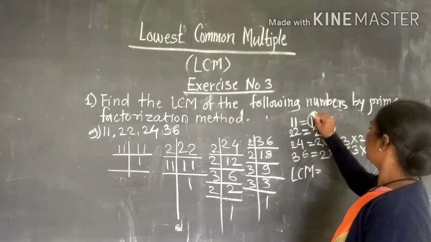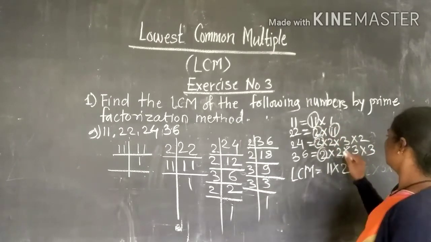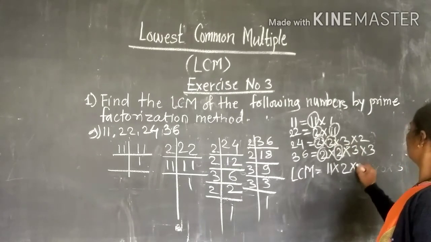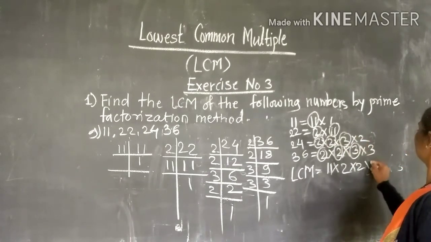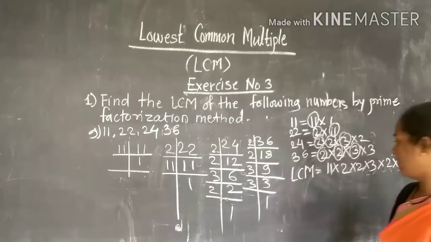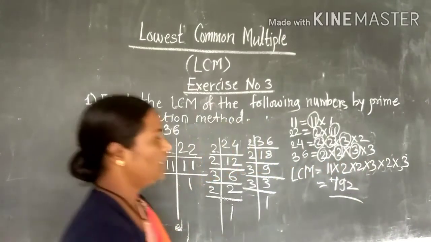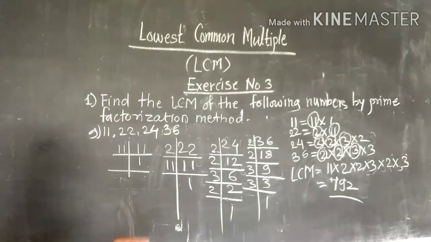Which are the common factors? 11, then 2, 2, 2, then 3. 44 into 2 is 88, 88 into 6 is 792. This is your LCM for this number.